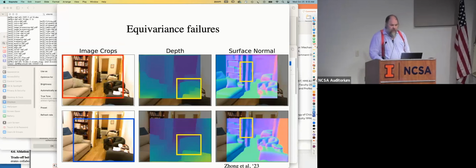There is another ghastly picture over here. This is from a paper that Yuan Yuzhong and Yuzhong Wang and I wrote. What I'm going to do is take an image and I'm going to crop it in two different ways, right? So you'll see a red crop and a blue crop. Then I'll stick it through a depth estimator. And where they overlap, the depths should be the same, but they're not.